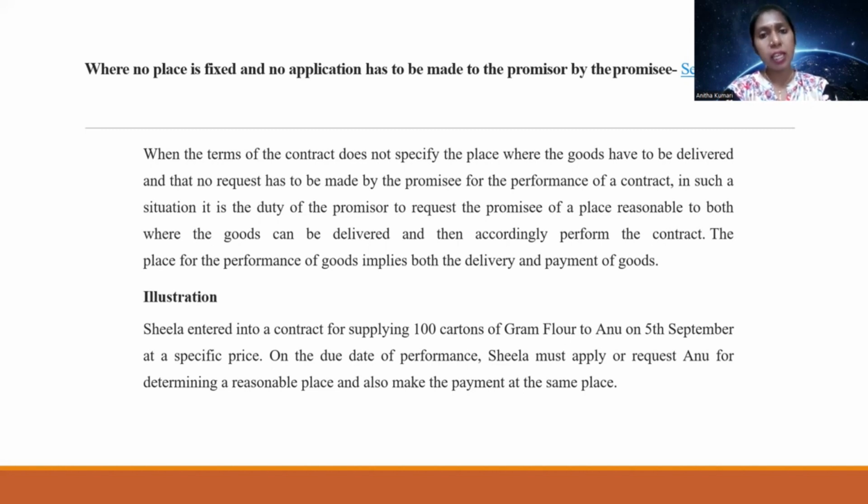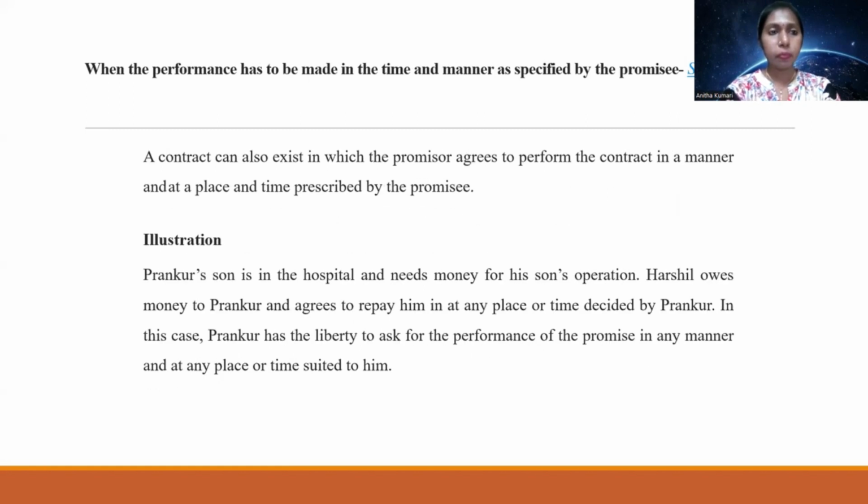Sometimes promisees will communicate properly at what time and which place they want delivery. All the conditions they will say, but sometimes they will not. So it is not void and it is not punishable. In case the promisee is not communicating properly about the delivery of the goods, it is the responsibility of the promiser to ask the promisee. That is very much important.